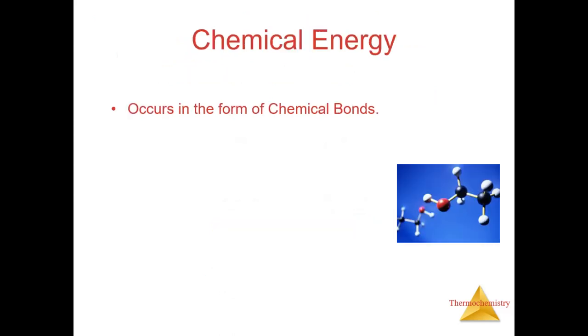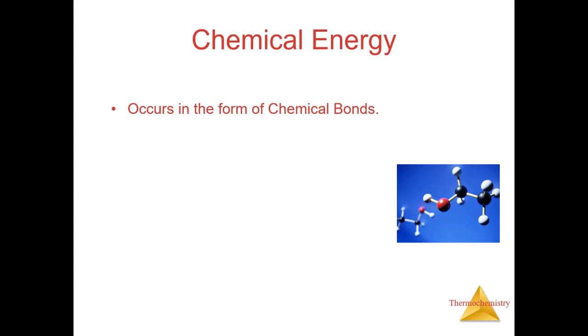Now, as I said, chemical energy occurs because of chemical bonds. When chemicals are bonded to one another, they have a certain amount of energy. Now, if we disrupt that bond by putting energy in, then we have broken the bond. Now we have these particles that are broken. They want to reform into other bonds, so they react again.